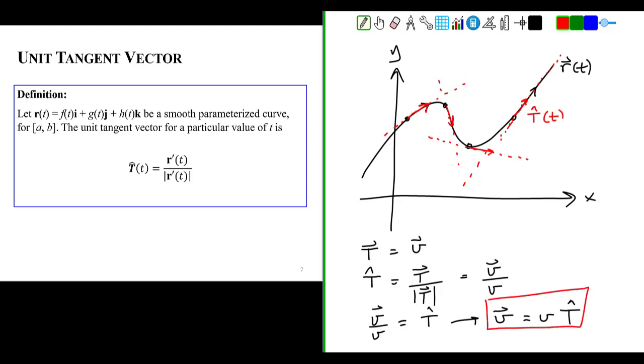This is a very useful result that extends to physical phenomena because it gives us a mathematical expression that shows how the velocity of an object is tangent to the path on which that object is traveling.